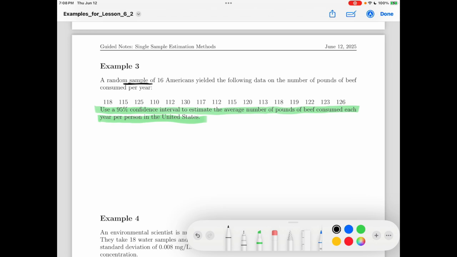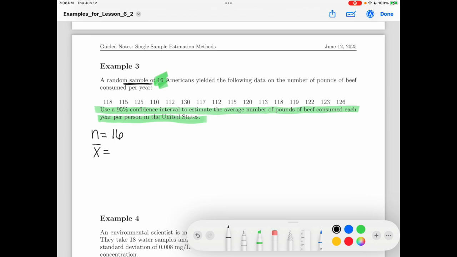So we need to know what our sample size is, and this is telling us that it's 16. Sometimes it's not given to us. If we have the data, we would just need to count the data values to see how many there are. It's nice when it's given to us in the problem, though, so we don't have to count. We need to know what the sample mean is, and we can get that from GeoGebra.